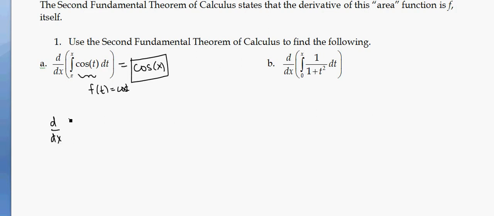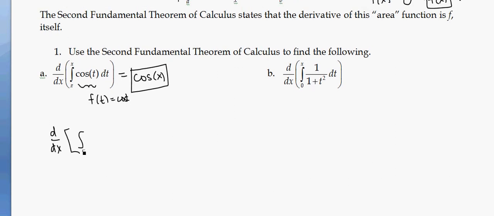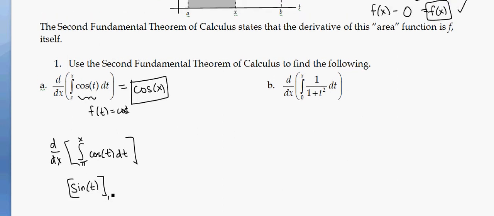So we could do the derivative the long way, which would be to evaluate what's inside this integral. Take the antiderivative of cosine. The antiderivative of cosine is sine of t. Right now I'm using the first fundamental theorem of calculus, and I'd want to evaluate that between x and pi.